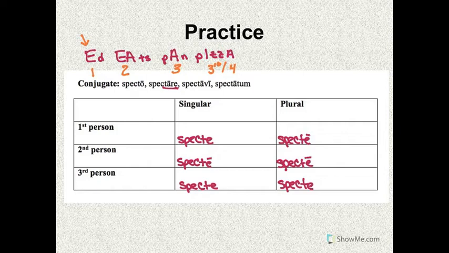And finally, let's add our endings: m, s, t, mus, tis, nt. Okay, you should have spectem, spectes, spectet, spectemus, spectetis, and spectent. All right, that's specto, spectare in the present subjunctive.